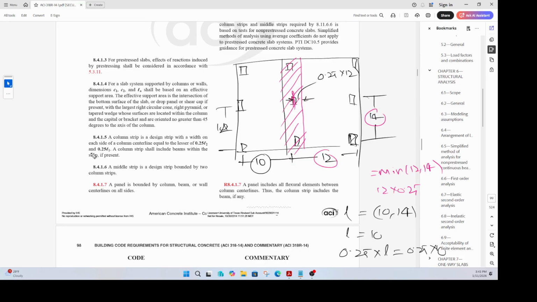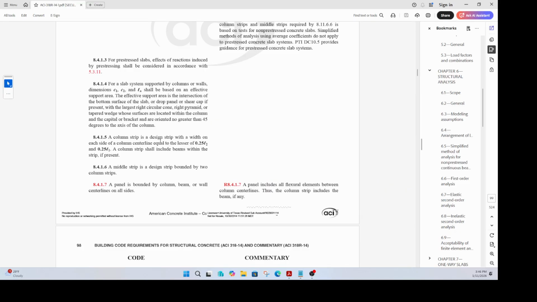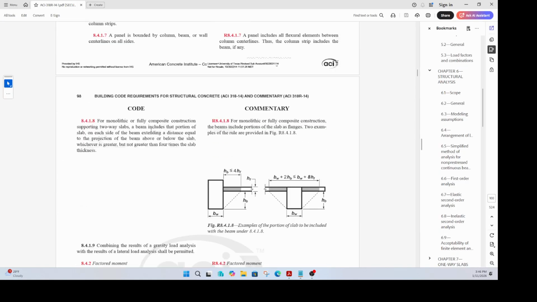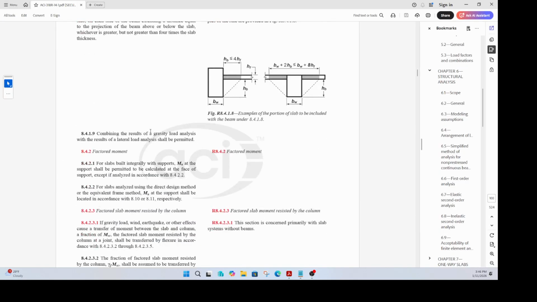Yes, it's all described in words, but it's not super easy to visualize when you have different dimensions in different directions. Okay, so that's about the column strip and middle strip. This is what I was referring to earlier.